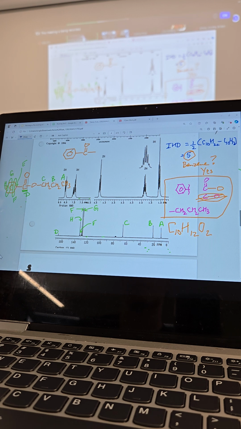Okay, let me draw this out first. These hydrogens, because of resonance going out from the benzene ring to the C double bond O, are more deshielded because there'll be a positive charge on those carbons.